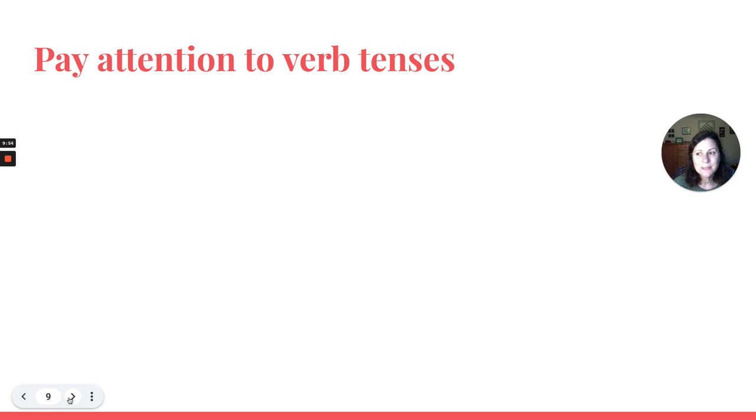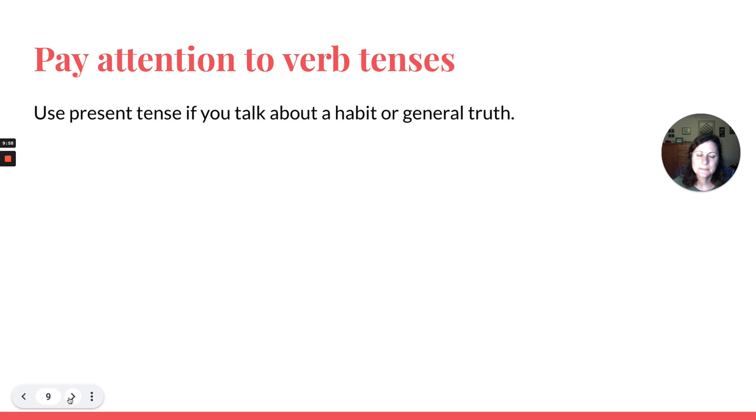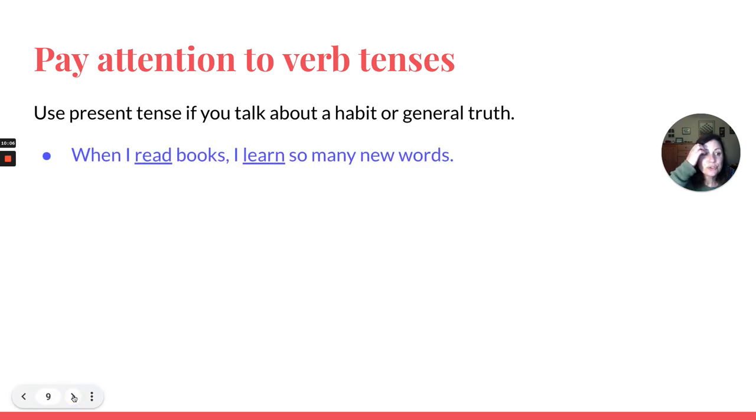Another thing to keep in mind is the verb tenses. We use present tense, the simple present tense, if you talk about a habit or general truth. So something that always happens, like when I read books, I learn so many words. I'm not talking about right now, but in general, this is true, or this is a habit.